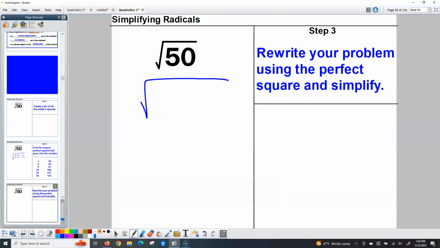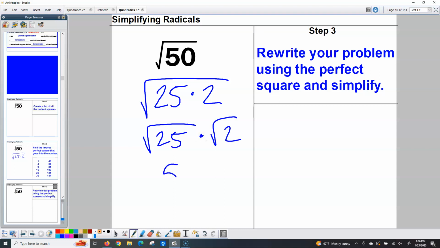So I'm going to rewrite this as 25 times 2 under there. And we can rewrite that as square root of 25 times the square root of 2, which is 5 square root of 2. That is your simplified radical.